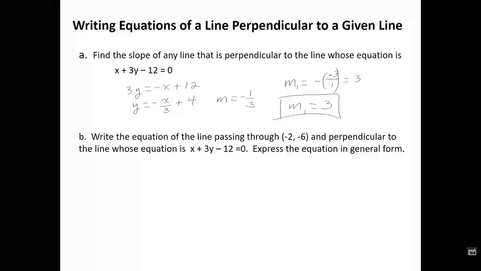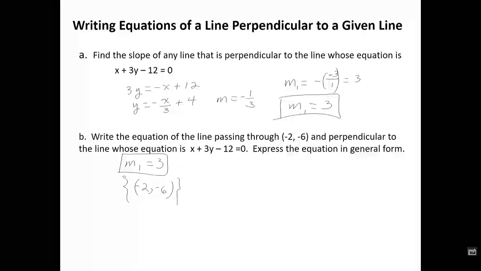In this equation, we've already determined the slope. We're going to use the slope from part A. We found that the slope is going to be 3. And the point is (-2, -6).